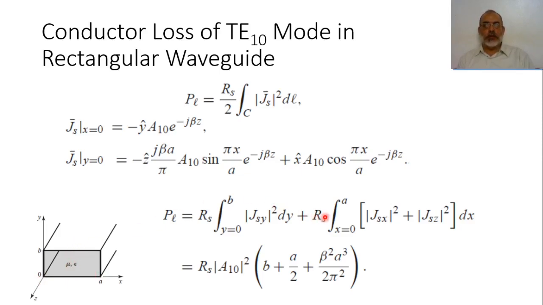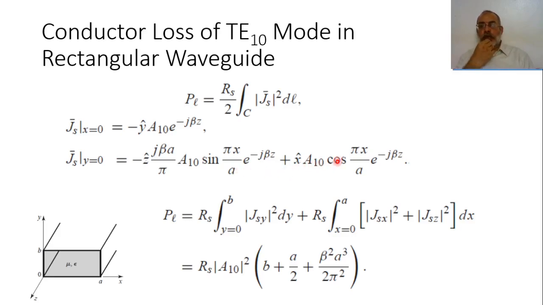So R surface, integration over x from 0 to a, J surface in x direction squared, which is A10 squared cosine squared pi x over a, plus J surface in z direction, which is beta a over pi squared, A10 squared sine squared pi x over a.